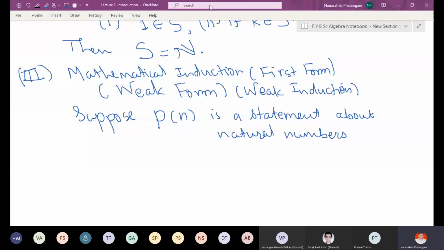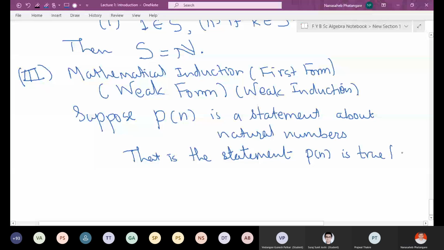What does that mean? It means the statement Pn is defined for n in natural numbers.